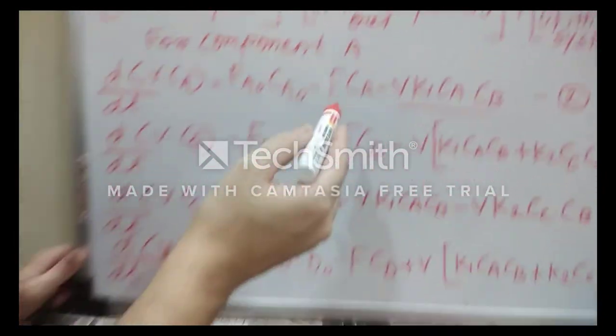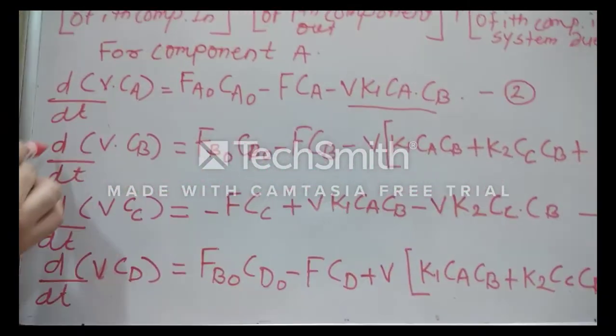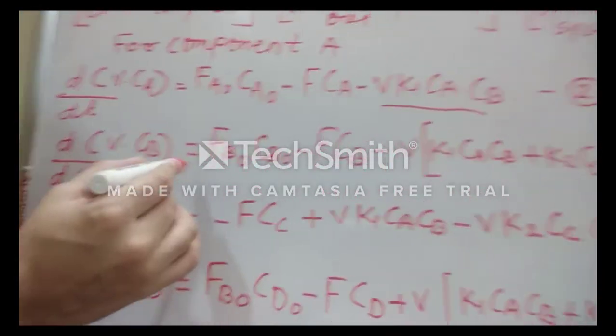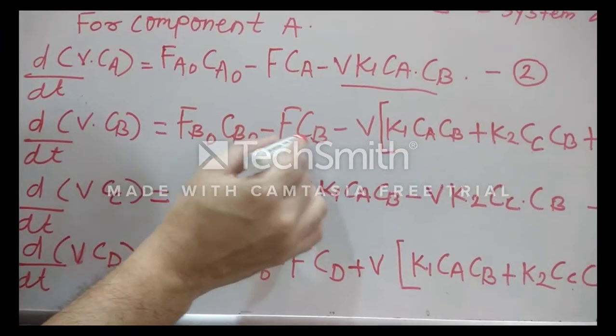Similarly, we write the component continuity equation for component B. So d by dt of V Cb is equal to Fb0 into Cb0 minus F into Cb.